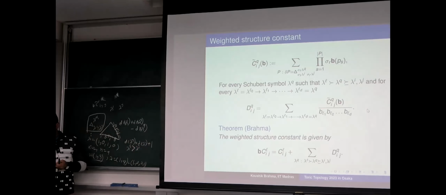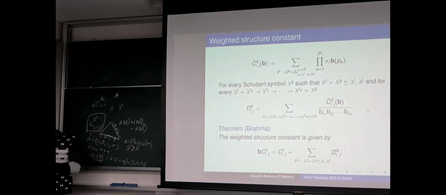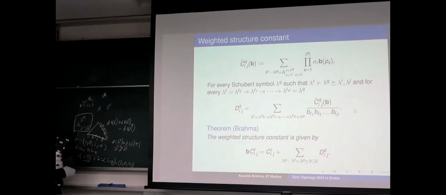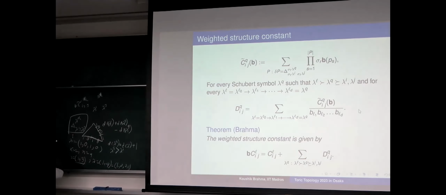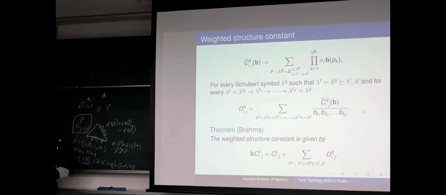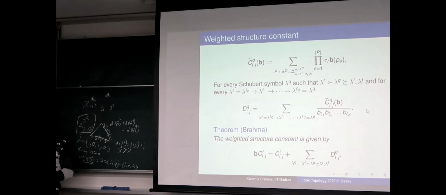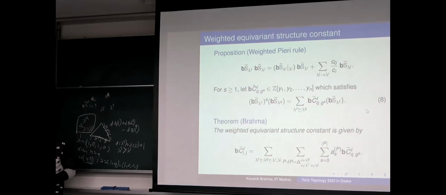And then we have computed the actual weighted structure constant for the integral cohomology ring of the divisive weighted Grassmann manifold. First we consider the structure constant for the ordinary cohomology ring, that is C_ijl, and then I have to add some extra number, for each q such that those are between lambda l and lambda i, lambda j. For each q we have to consider this d_qij. This d_qij is also computed from the structure constant for the ordinary Grassmannian, by this lemma.